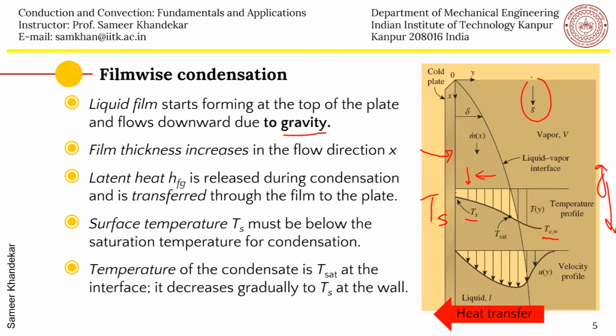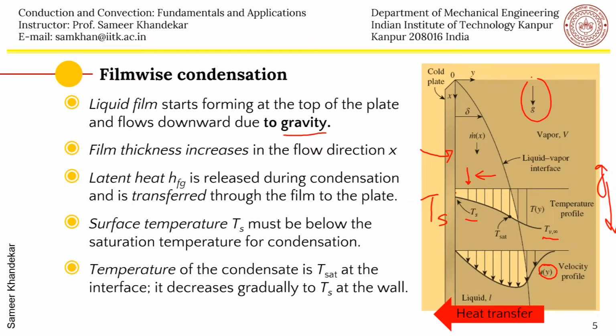In a similar way, if you see the velocity profile, you will have some velocity of the vapor. There is some vapor velocity, and then there is a liquid velocity, and then there is an interface condition here at the interface, and in real conditions you will have a vapor velocity, the liquid velocity, the film is flowing down, and you will get a velocity profile.